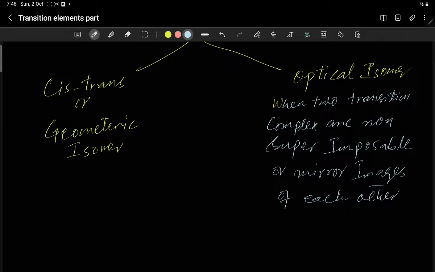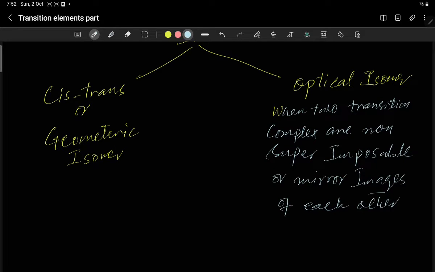On the other side, for cis-trans, we discussed earlier in AS that cis is when two similar groups are attached on one side, and trans is when two different groups are on opposite sides.